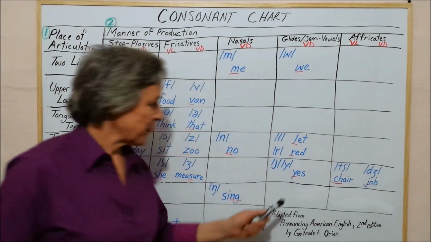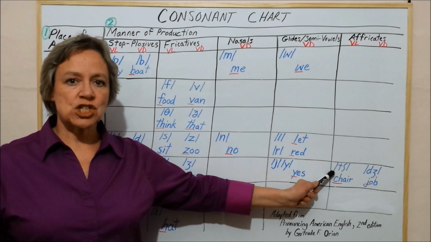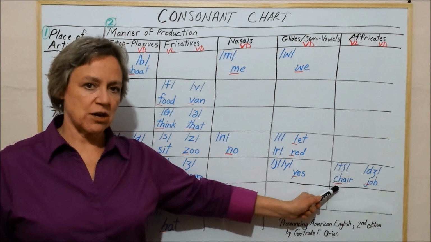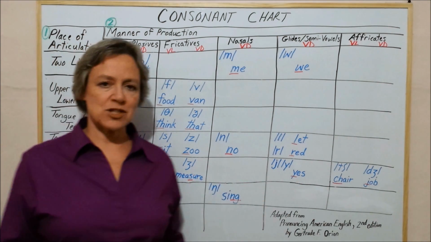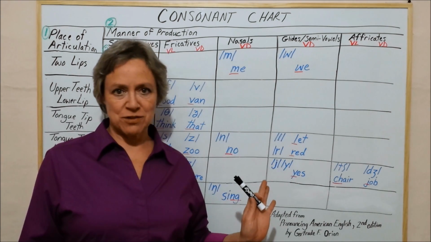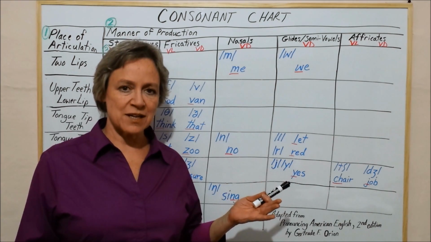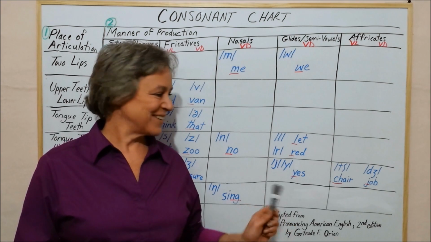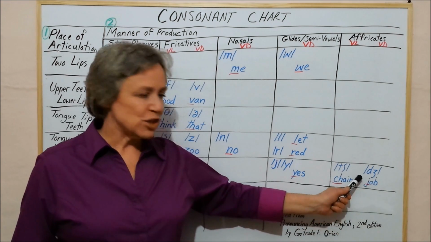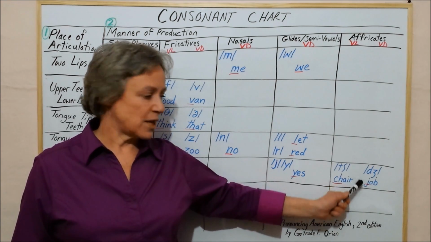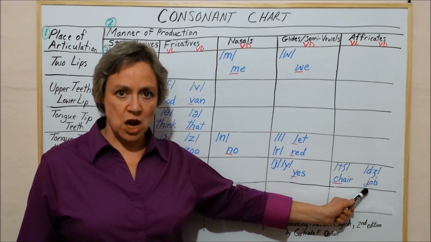So we have ch, chair. And I would just like to remind you that I do talk about each of these sounds in more detail in different videos, okay? Next we have j, as in the word job.